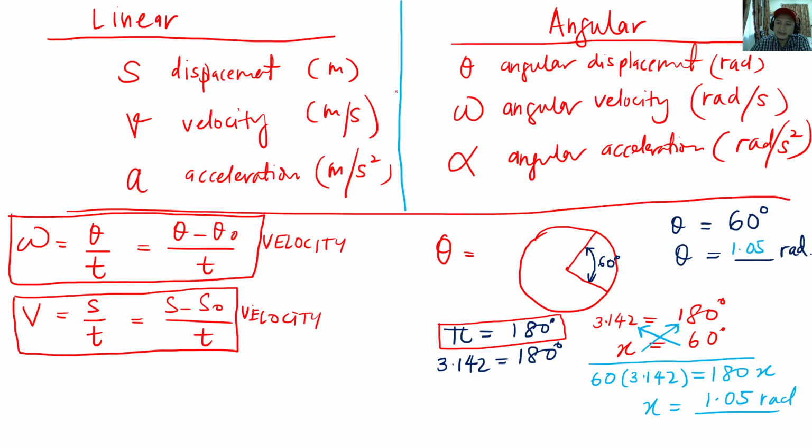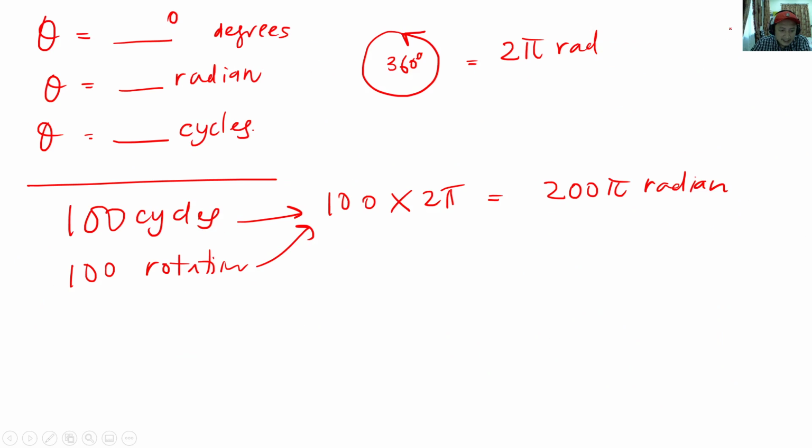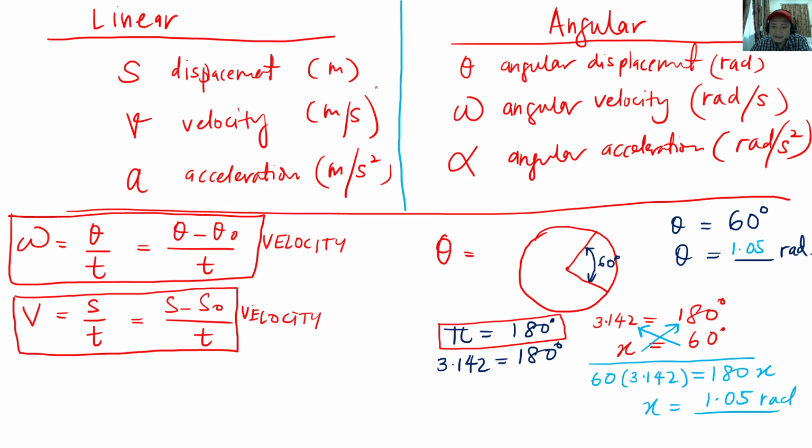Let's explore again. Angular displacement. I think that's it lah. Cycles also people say, rotation also people say. So this one is okay. Next, what else? I think this one we have learned a lot.